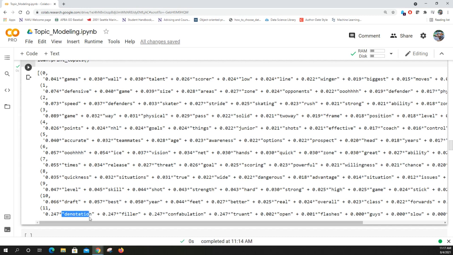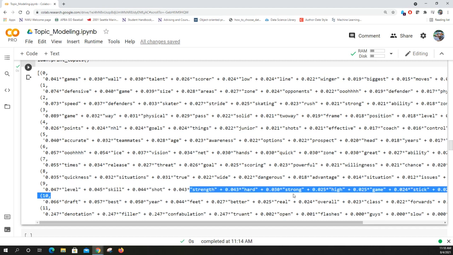Down here, this is an important thing. We see all of the words from our filler sentence showing up together, contained in a single topic. That's exactly what we want. All right. I like what I'm seeing down here with skill level and shot both showing up. But then we also see strength, hard, and strong showing up in that same topic, so that could be a little bit confusing.